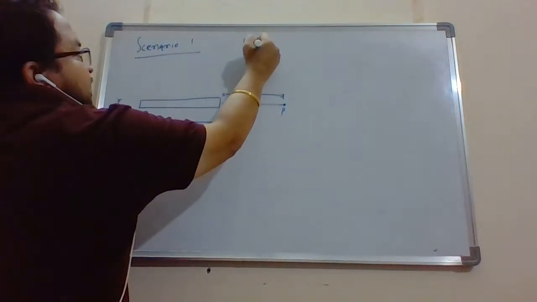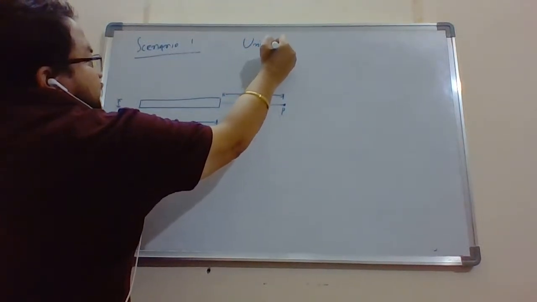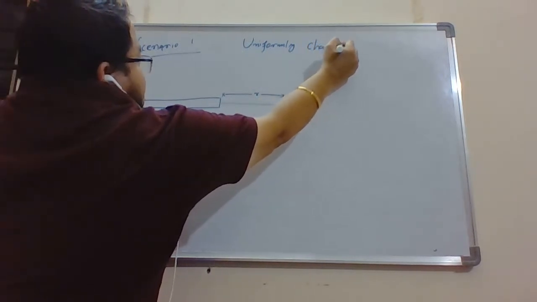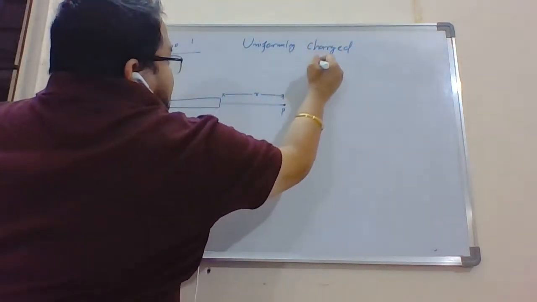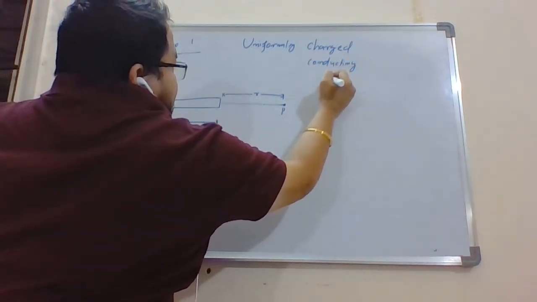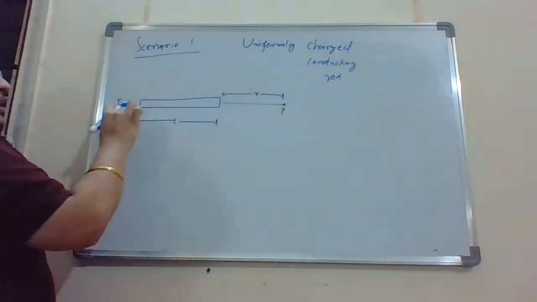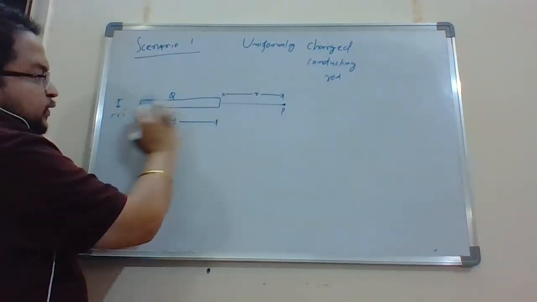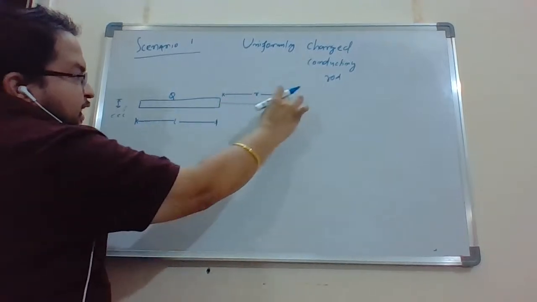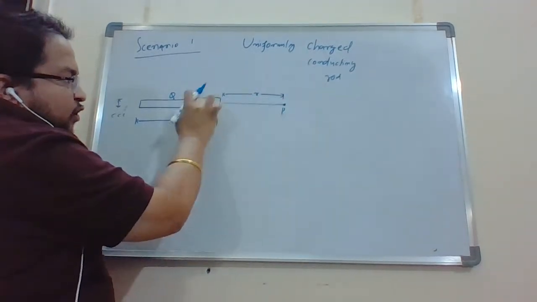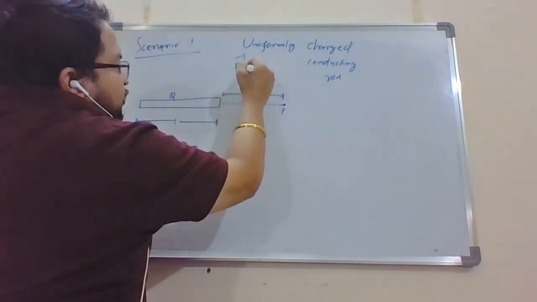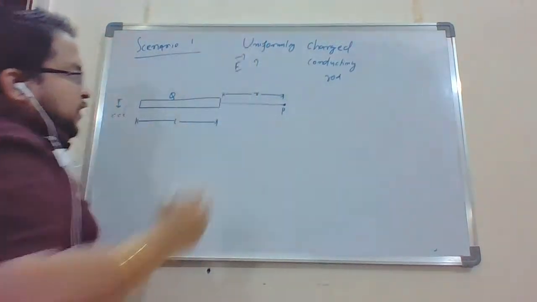So I'm saying I have taken a uniformly charged conducting rod, and I have given it a charge Q, which will be uniformly distributed over the surface of this conductor. And at a distance r from it on its axis, I want to find out the value of the total electric field.